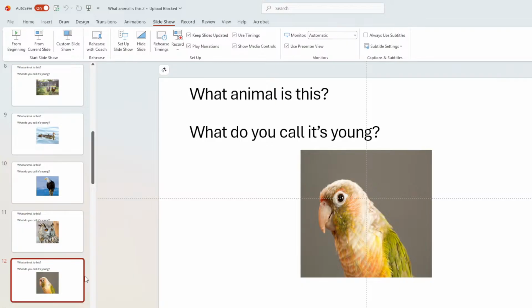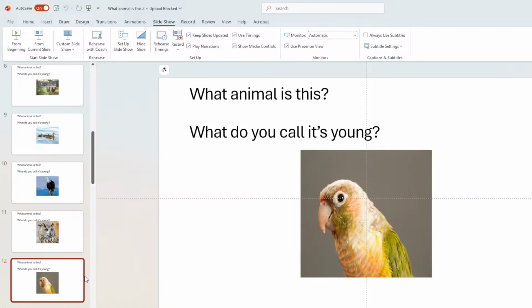What name do you give to the bird? Alright, so that's a parrot.